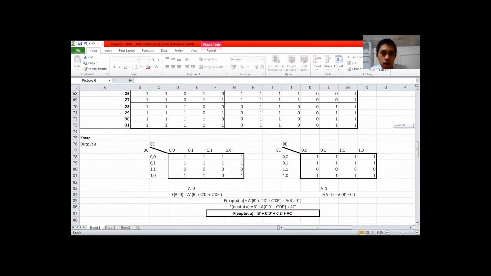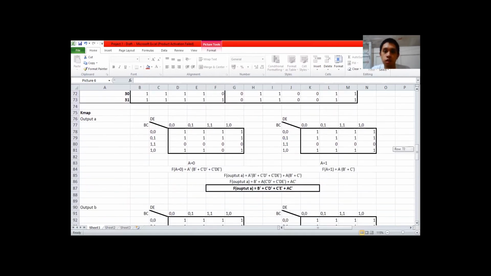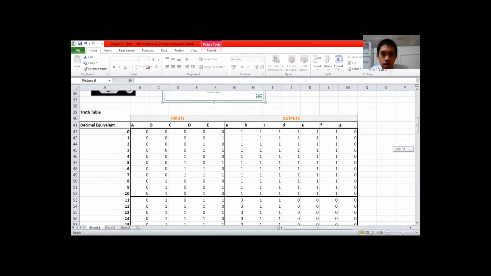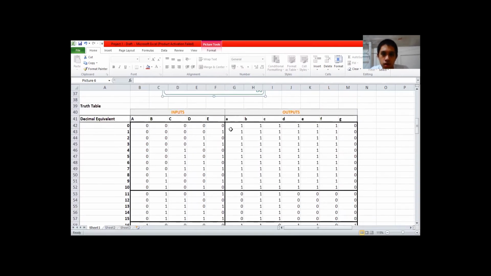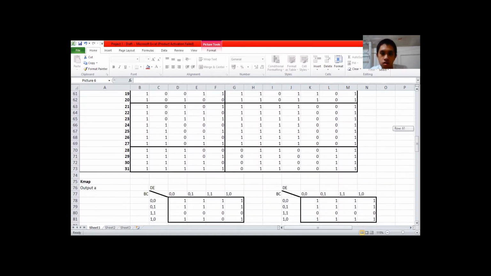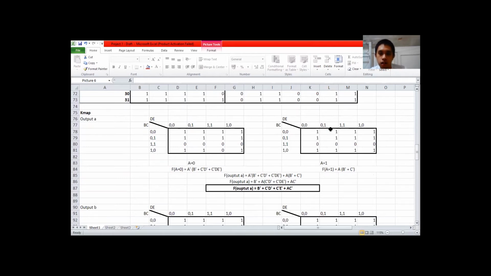So let us go to the K-map for output A. This column from 0 down to 31 is the output for A. So here is the K-map that is created in order to analyze output A. So the grouping that we did in order to analyze is first this one.